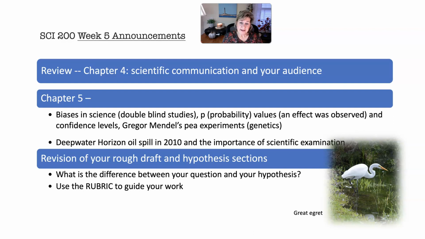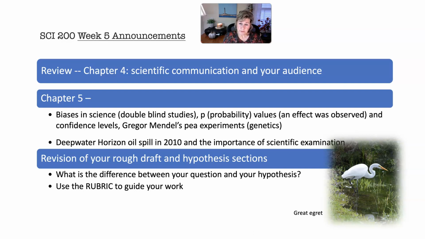One was that in each plant, there were two versions of a trait present. So it wasn't just one unit of heredity that had to do with flower color. There were two versions of it in a pea plant. So that was very important. That was before we even knew what chromosomes were, which is very interesting.